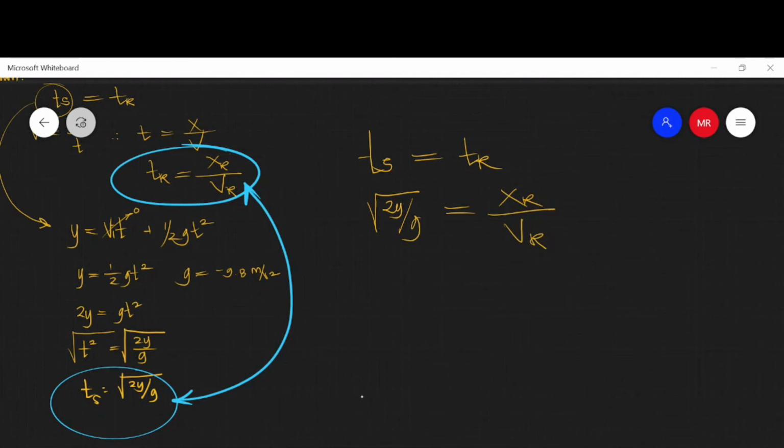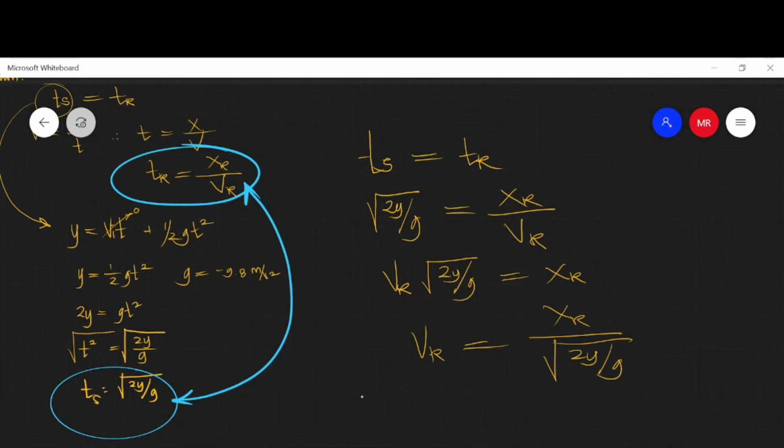So again, simplifying the equation, we'll have Vr, the velocity of the raft, times the square root of 2y over g, is equal to xr. Divide this by the quantity square root of 2y over g. Vr will just be equal to xr over the square root of 2y over g.